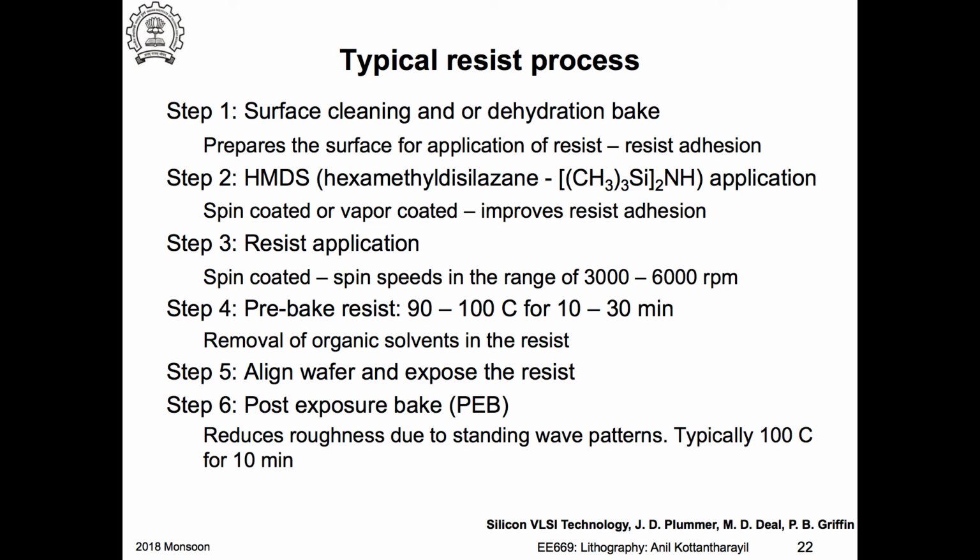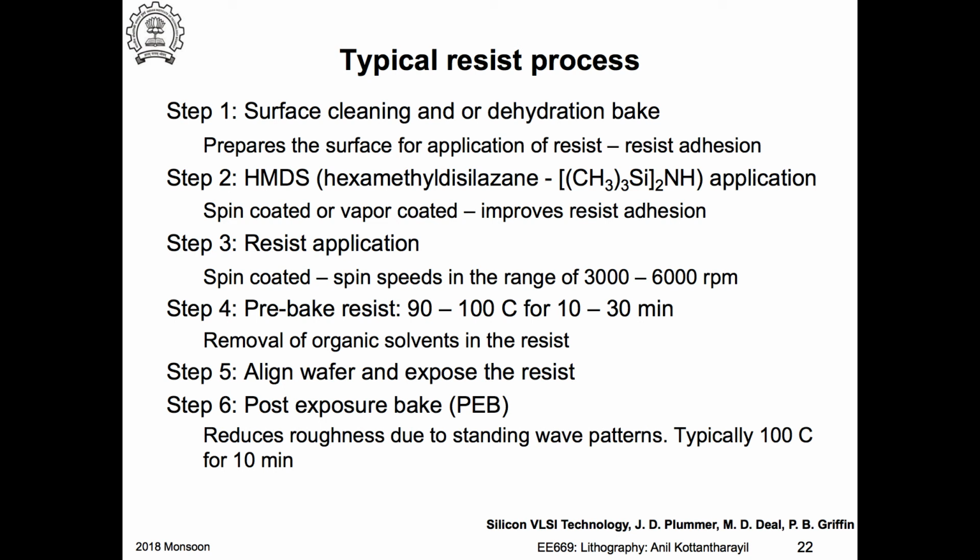So you have done this post exposure bake, and still the photoresist is there everywhere on the wafer. So you need to do what is called the resist development. This is done in a recommended developer. The company that produces the photoresist usually also gives you the developer which will work with that photoresist, and then you essentially dip the whole wafer in the developer.